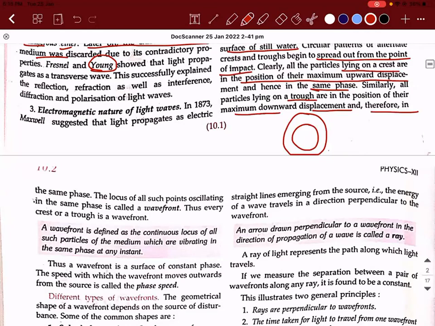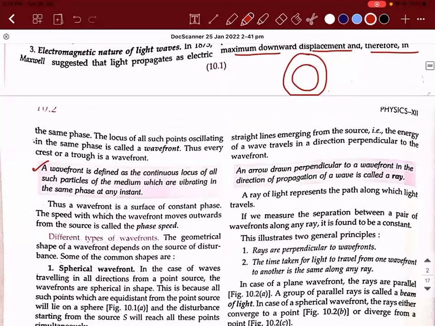To put it in simple terms, the source generating these ripples is a stone, which is of point size. Due to this point-sized object, the water travels in the form of these circular ripples, right? The locus of all these points put together is what we call a wavefront.